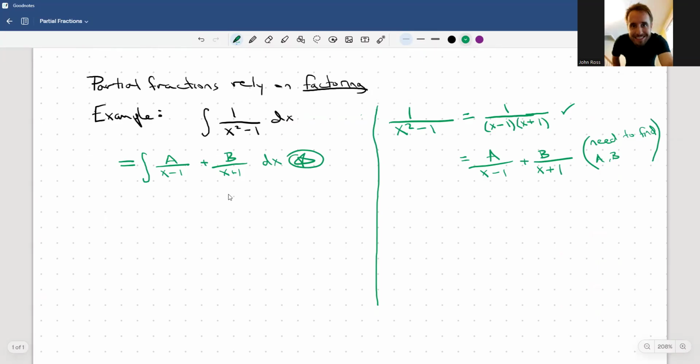So our goal is to figure out A and B, to rewrite our integral as it appears on the left, and then to integrate each of those pieces using one of the non-example strategies from up above.